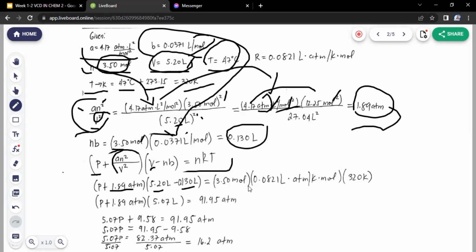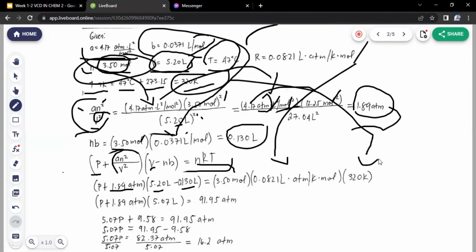And then substitution, the value of your moles is 3.50 moles from the given values. The value of your R is the ideal gas constant, 0.0821, and the value of your temperature is 320 Kelvin. All right, 320 Kelvin.